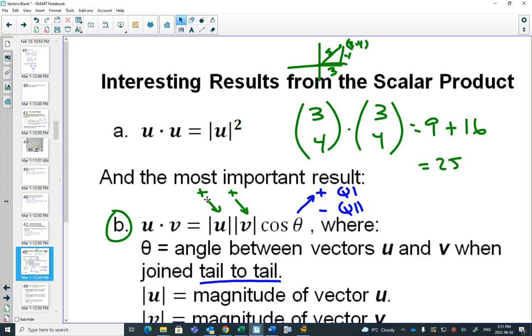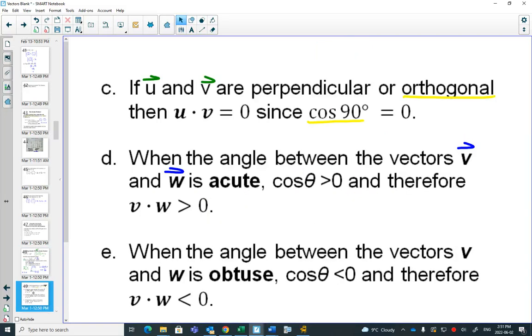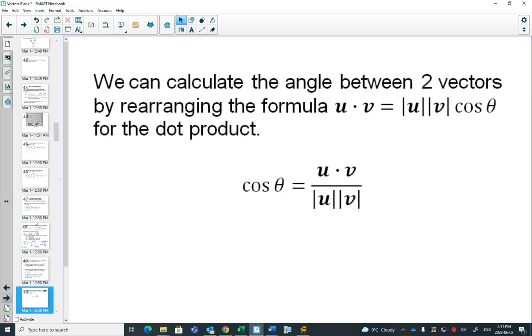And so if the angle between the 2 vectors is more than 90 degrees, then the dot product will be negative. And we can rearrange this same formula to get cos theta by itself, which we did at the beginning, and now you can solve for the angle between 2 vectors really easily and quickly.